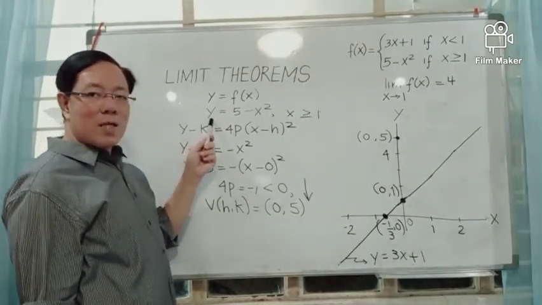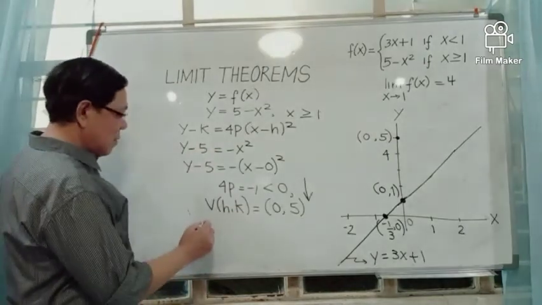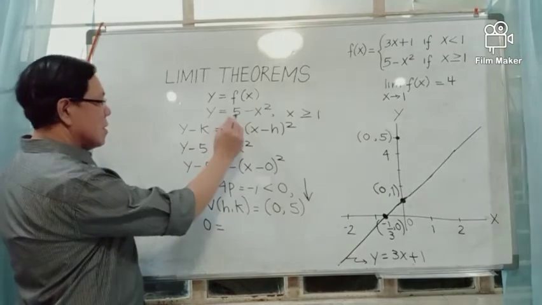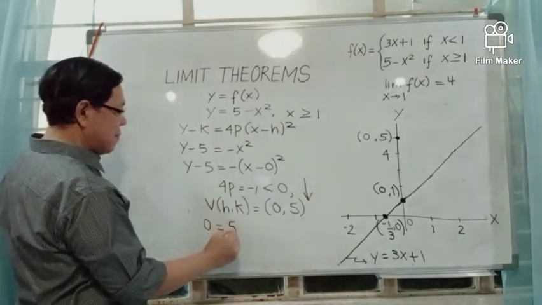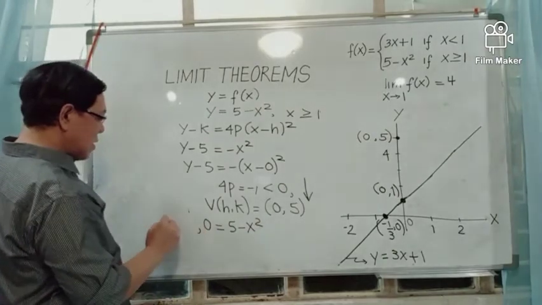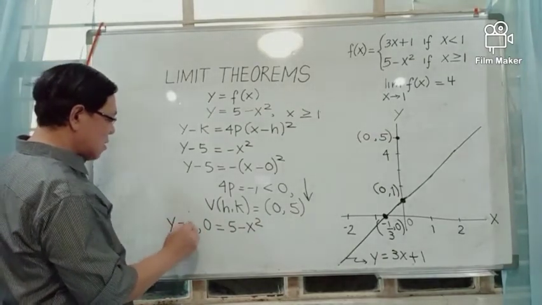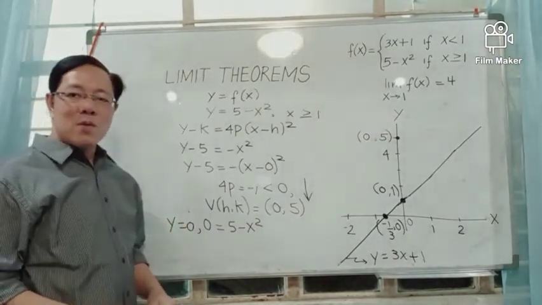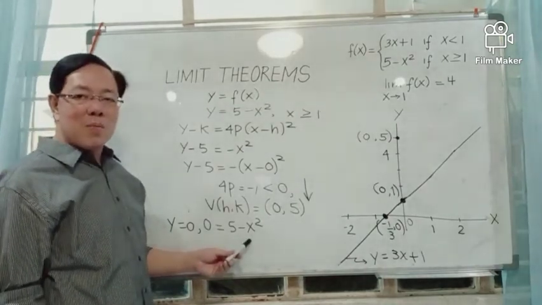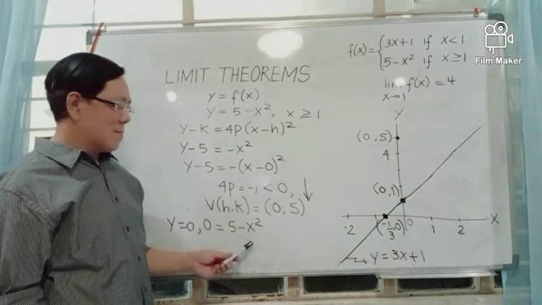So y equals 0, equals 5 minus x squared. We get this equation when y equals 0, because we want to find the intercepts of the parabola on the x-axis.